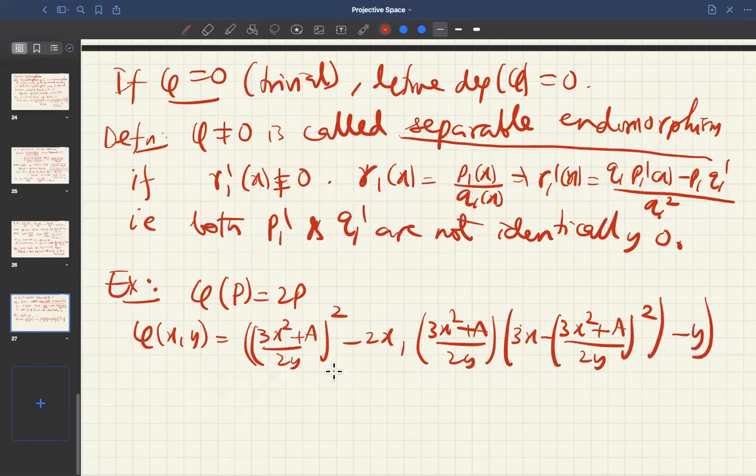So here I need to write this as a rational function, right? So how we're going to do that: you have this 3x square plus a whole square by 4y square, where y square is x cube plus ax plus b.